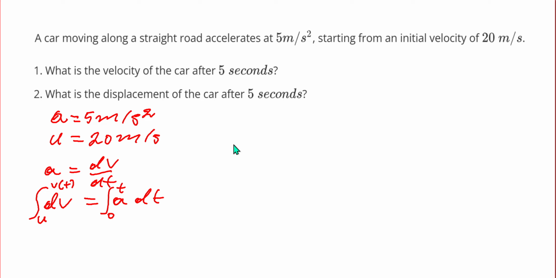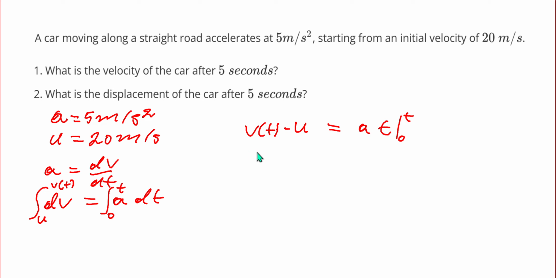So when we integrate dv, it is v of t minus v of 0, which is u. And on the right hand side, when we integrate a dt, a is constant, so it is a times t. Our limit of integration is from 0 to t.